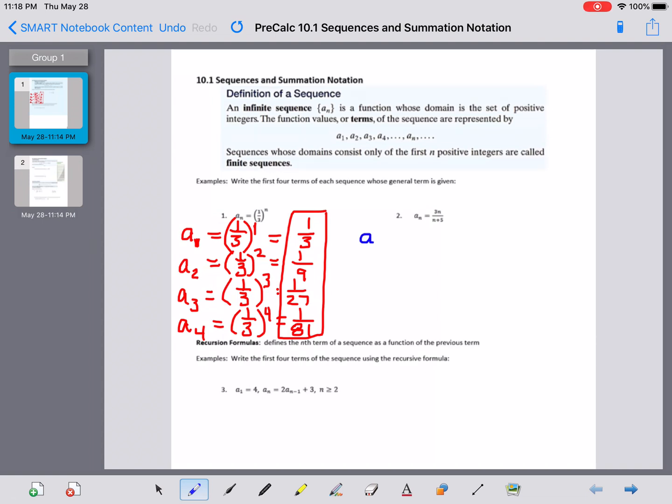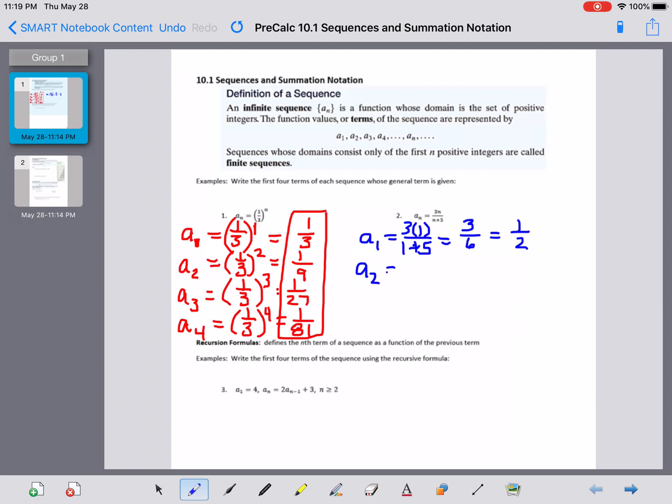So we're going to start out again with a sub 1, which is my first term, so I get 3 times 1 on top and 1 plus 5 on the bottom. So 3 times 1 on top is 3, 1 plus 5 is 6, and I always reduce to lowest terms, so a sub 1 is 1/2.